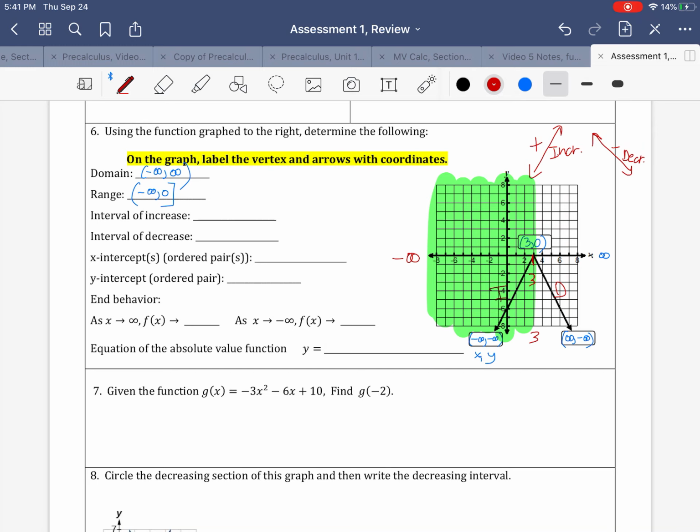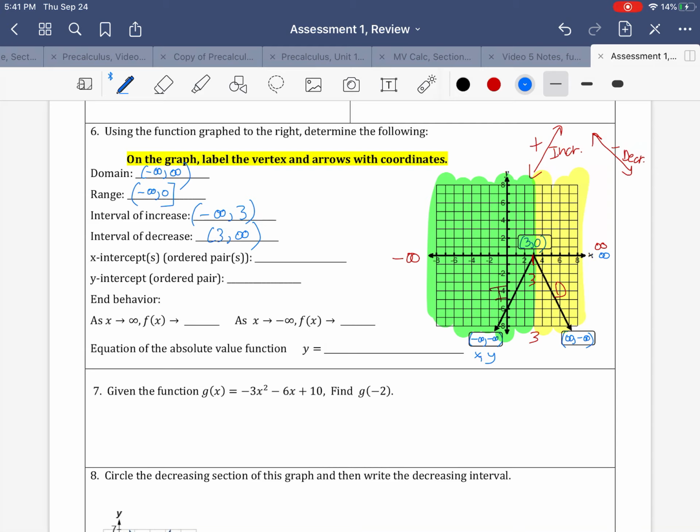And then the next piece over here, this whole area is all decreasing. That section starts at 3 and goes on forever, off to positive infinity. So there's my answer. The increasing interval is negative infinity to 3, and we always put parentheses because at 3 you're not doing anything. You're just finished increasing and waiting to go back down. And then decreasing would be 3 to infinity.